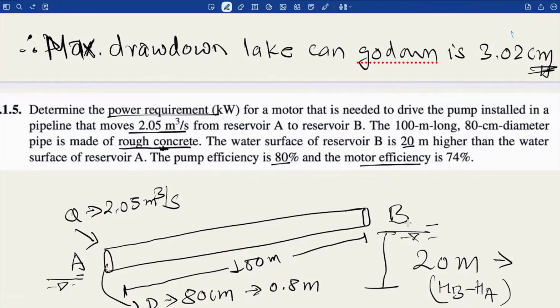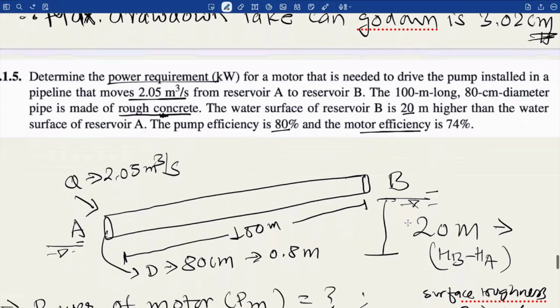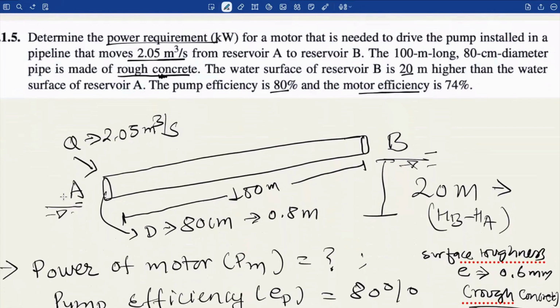We will use the energy equation first between the two reservoir surfaces, and we will need to use the Moody chart to find the friction factor. So we have drawn this reservoir A and B system.